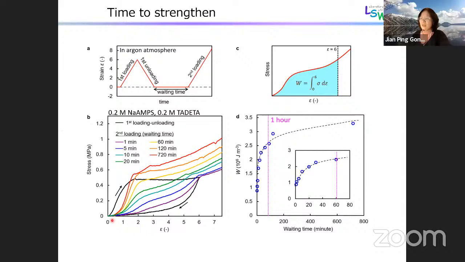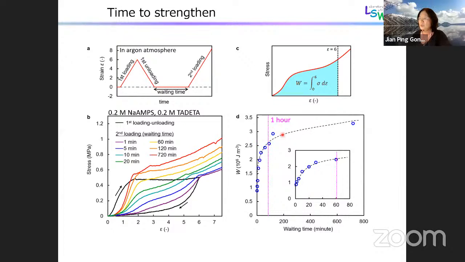So when we load the sample and unload the sample a second time, we can see that the hysteresis area increases with time, and it will saturate around 1 hour.